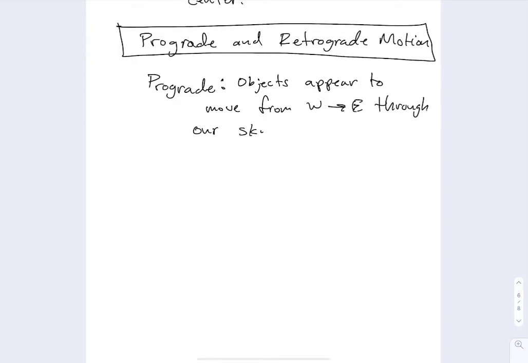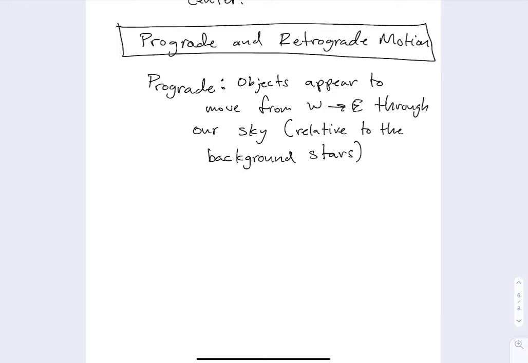And what we really want to say is relative to the background stars, objects appear to move from west to east through our sky over the course of days and months.